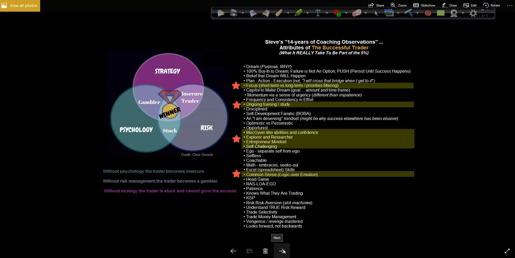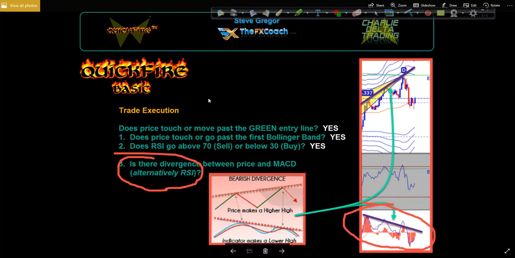Let's go back to the training. On the screen for QuickFire Basic, for the third question, is there divergence between price and MACD? Note it says alternatively RSI. Oh, wait a second. Would that possibly suggest that if I can't figure out how to use divergence on a MACD that I could use RSI? That's exactly what it means.